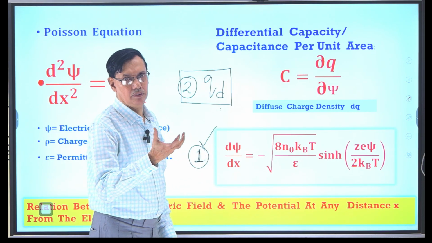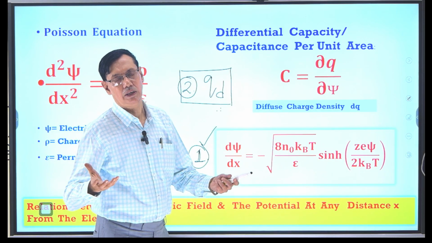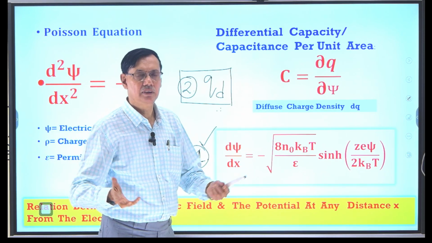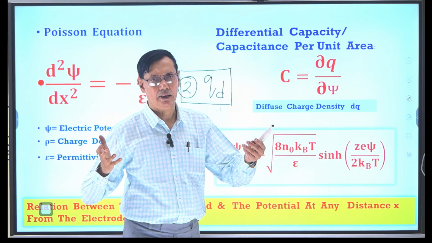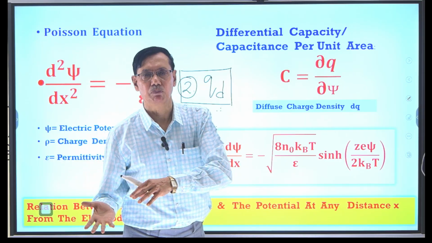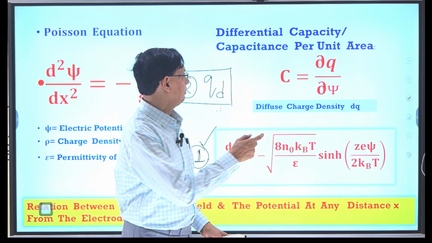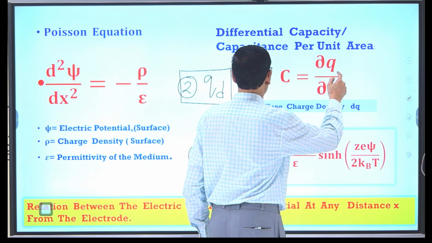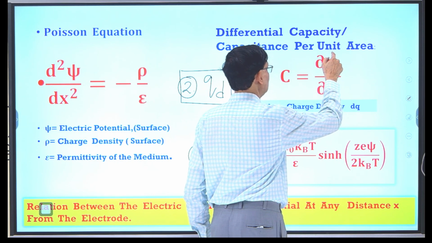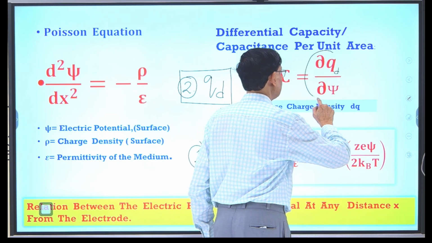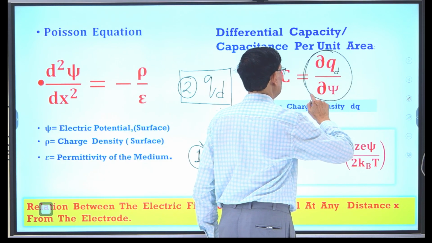You know that I am not talking about how we define the differential capacity, or in some books it is written as differential capacitance, you can also say. And if you see here, because I am talking about the diffuse layer, so change in diffuse charge with respect to potential gradient.